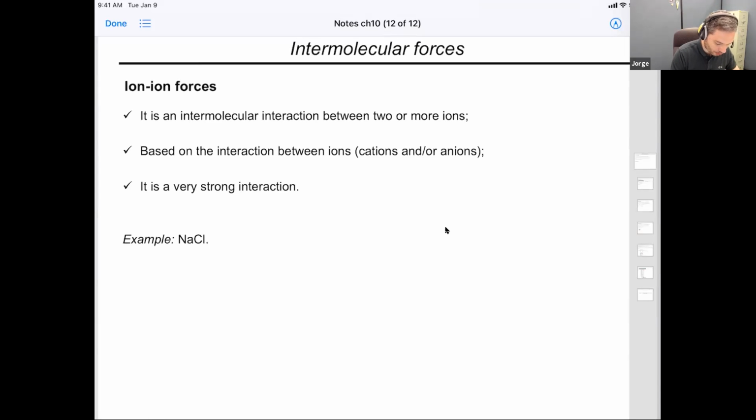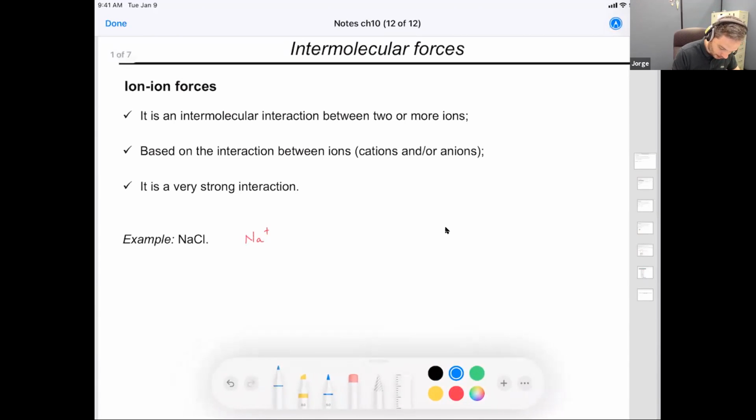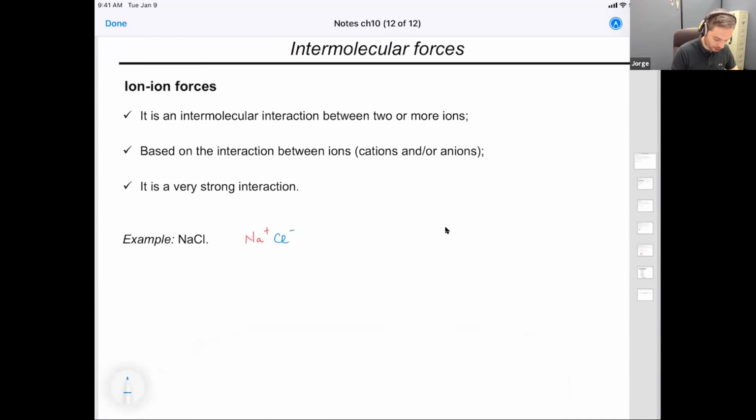So for example, here, sodium chloride. We know now that sodium chloride is formed by Na+ and Cl-, which is chloride. So therefore, we have ions that have opposite signs.